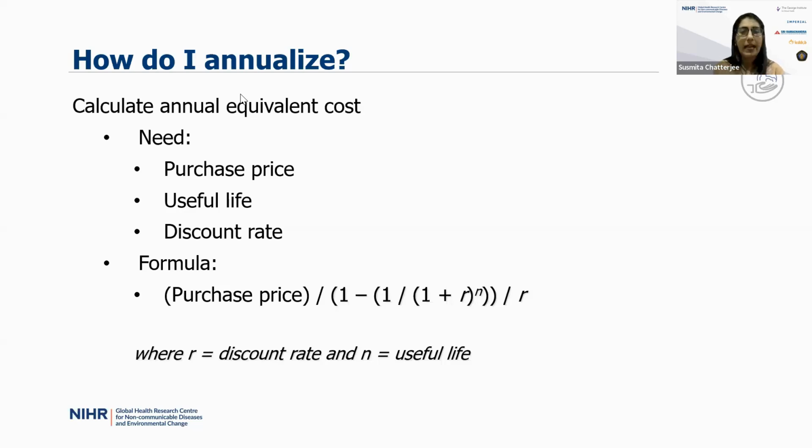Every year, it will have some depreciation because of the usage. Usage of this capital item will decrease the productivity, the functioning of that. And that's the depreciation. Depreciation is different from discount. Discount is a benefit I was supposed to get from that. Okay. Now, this is the formula.